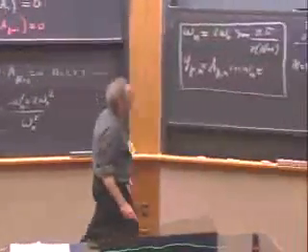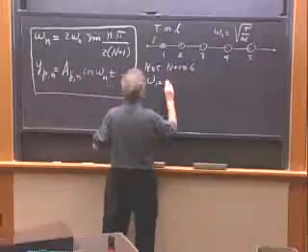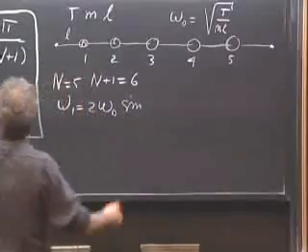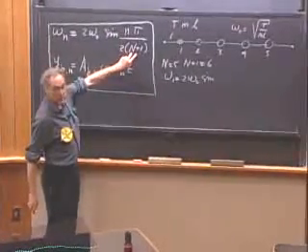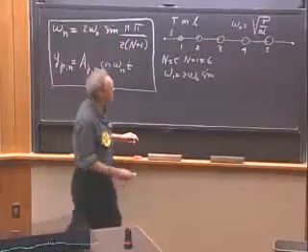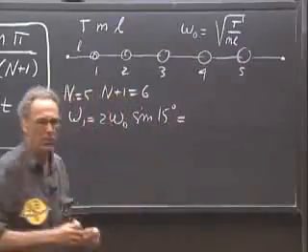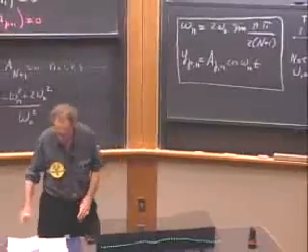And so that frequency, omega 1, is then 2 omega 0 times the sine, n equals 1, capital N plus 1 is 6, 180 degrees divided by 12 is 15 degrees, so that's the sine of 15 degrees. I write it now in degrees because I have a better feeling for degrees than for radians.